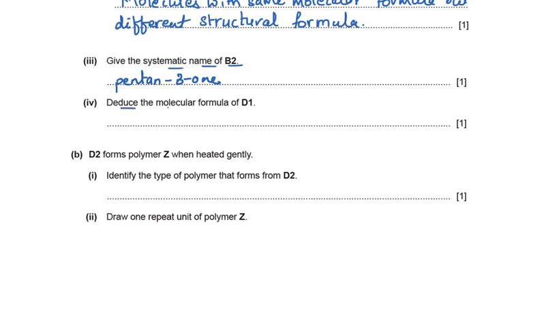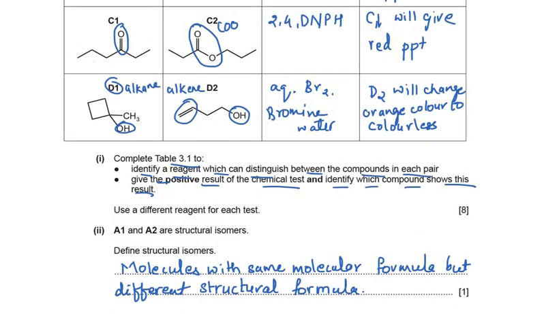Next question says deduce the molecular formula of D1. Let's again see the structure of D1. D1 has 1, 2, 3, 4 and 5 carbons with hydrogens on each.